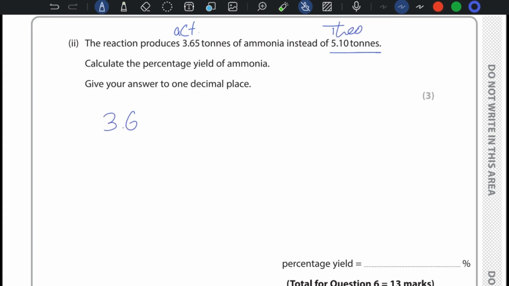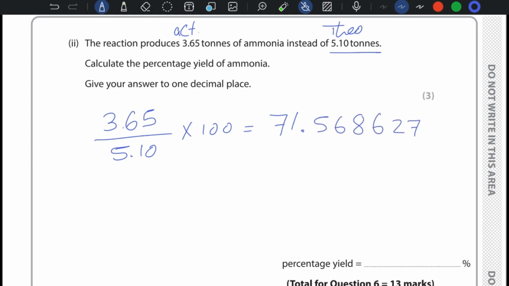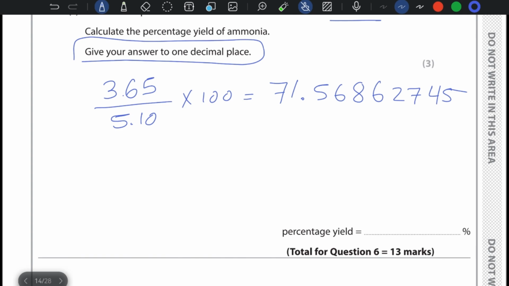So 3.65 divided by 5.10 multiplied by 100 is equal to 71.56862745. But he asks to give your answer to 1 decimal place, so we need to keep just this 5. The 6 increases the 5, so it will be 71.6.